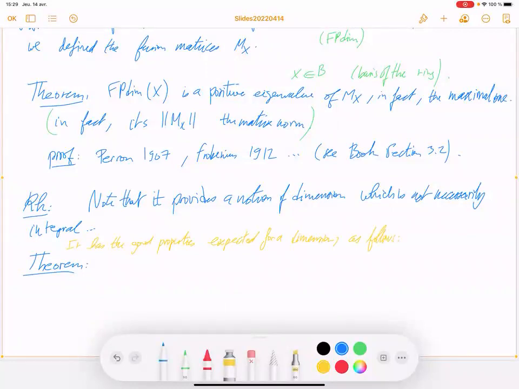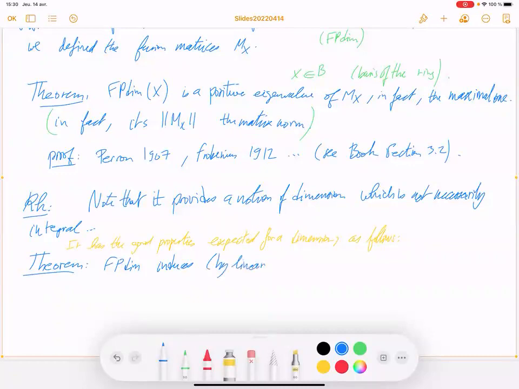By as follows, I mean the theorem saying that this induces, by linearity, a ring homomorphism.